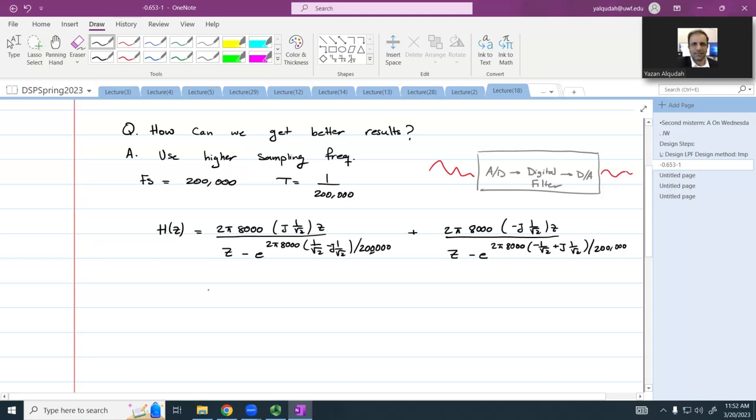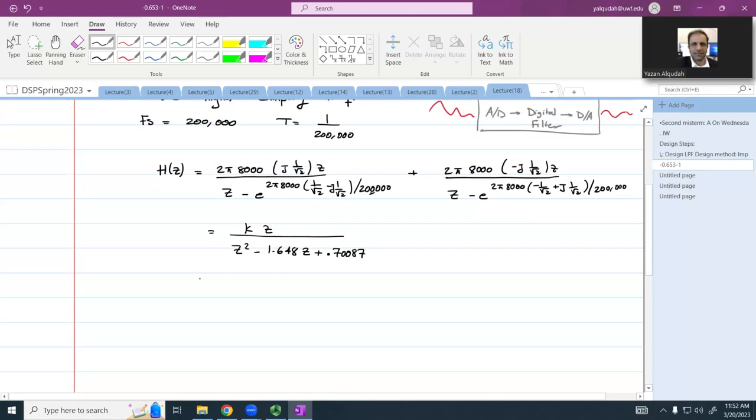Okay, so if I simplify this, I'm going to get k multiplied by z divided by z squared minus 1.648 multiplied by z plus 0.70087. And if I do something similar, where I'm setting the gain for DC to equal 1, then K is going to equal 0.05287.